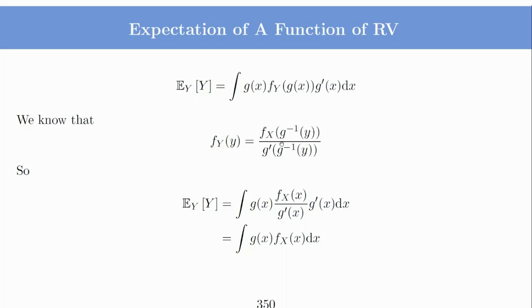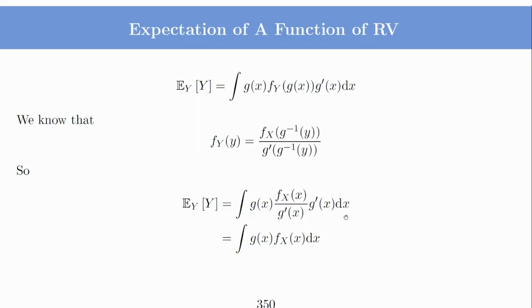So now let us put this back here. When you put this back, the numerator will be f_X of g inverse of g(x). So g inverse of g(x) would be x, and this will be f_X(x). The denominator is g' of g inverse of y, and y is g(x) here, so you put g' of g inverse of g(x), which is g'(x).